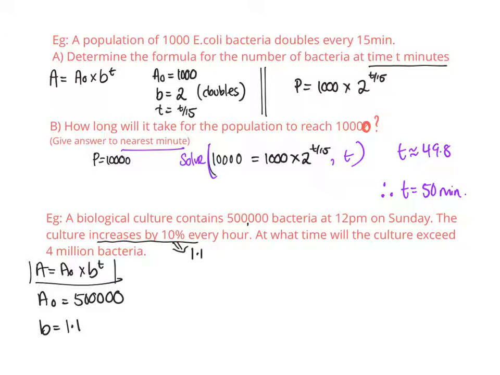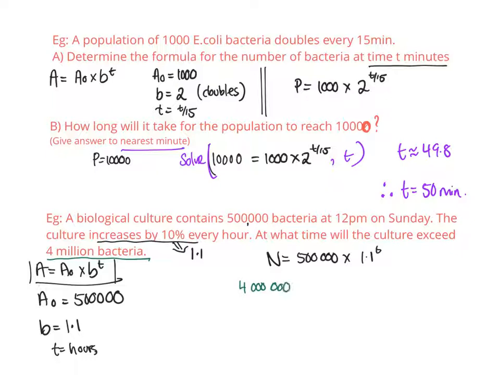Okay, so we have everything we need, and T is time in hours. So I might say number of culture equals 500,000 times 1.1 to the power of t, okay? Now, the question was when it is 4 million, so I'll put that into the n.